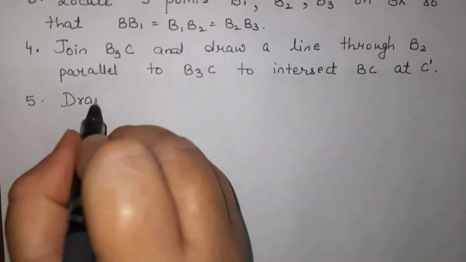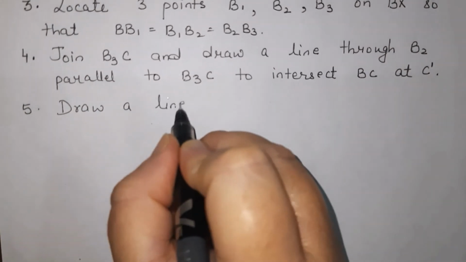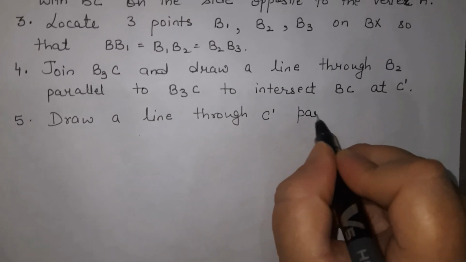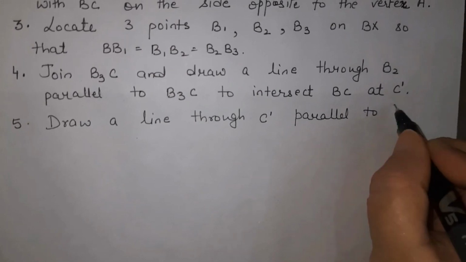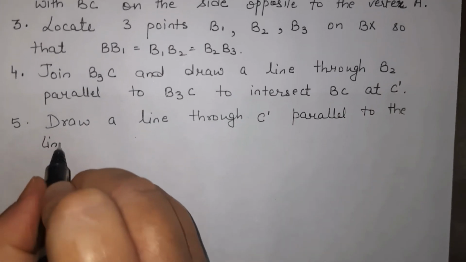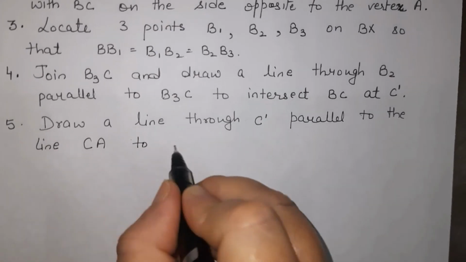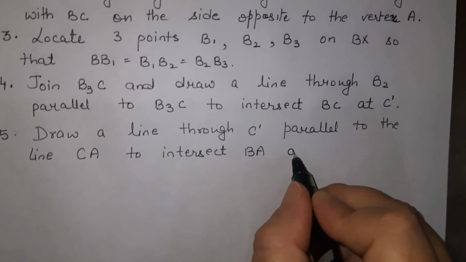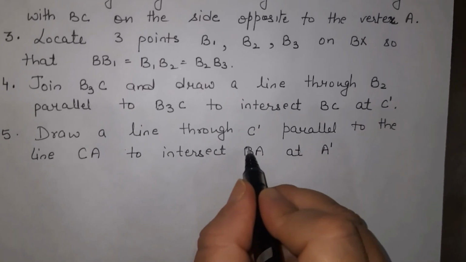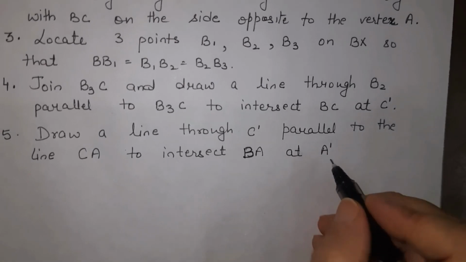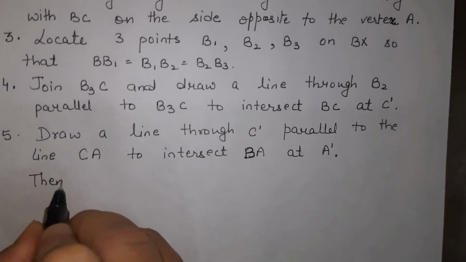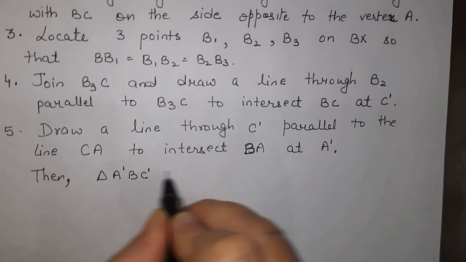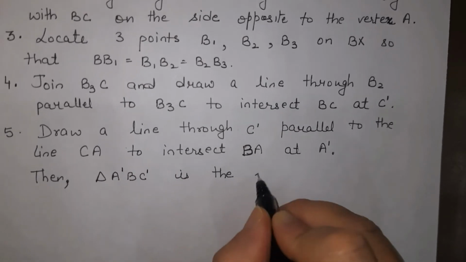Draw a line through C dash parallel to the line CA to intersect BA at A dash. Then triangle A dash B C dash is the required triangle.